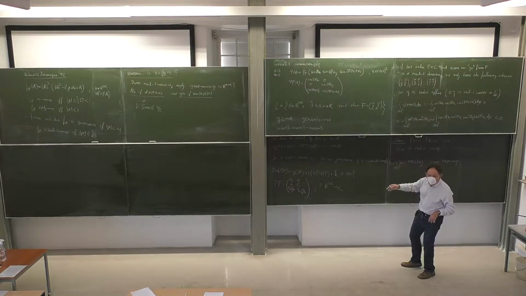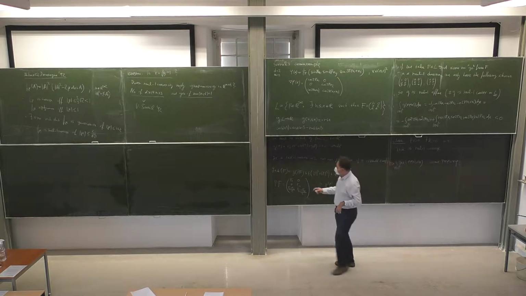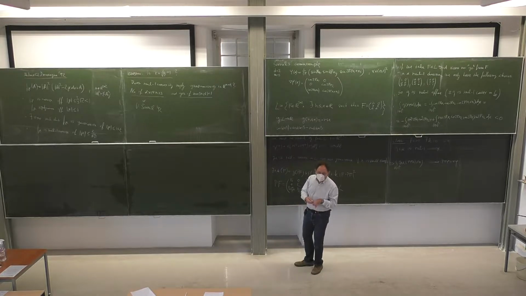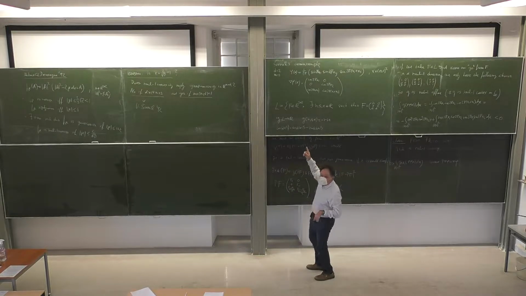So you restrict your function to this, and then you do the same construction. If you are in a higher dimensional space, you take the same function g_{ε,k}, you only restrict it to this subspace. So that's the proof in general dimension, if D is at least 2 and M is at least 3.